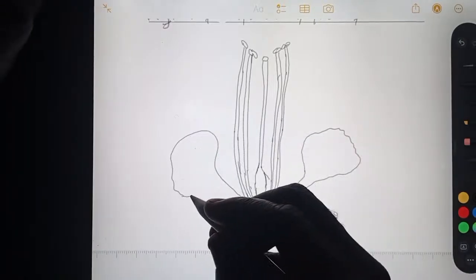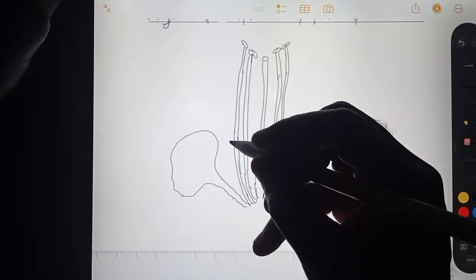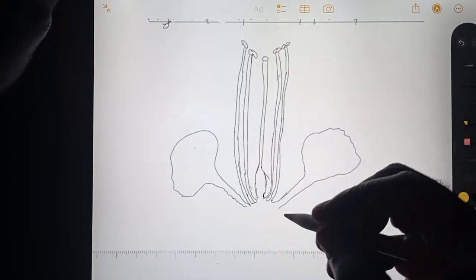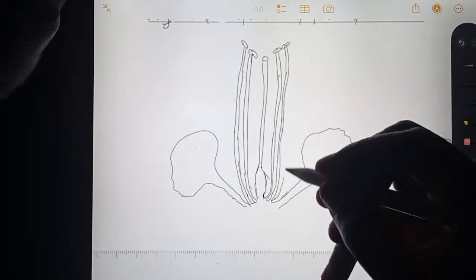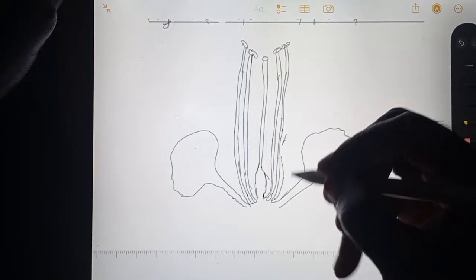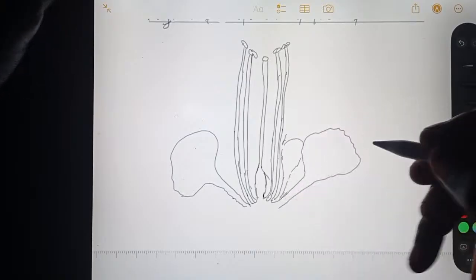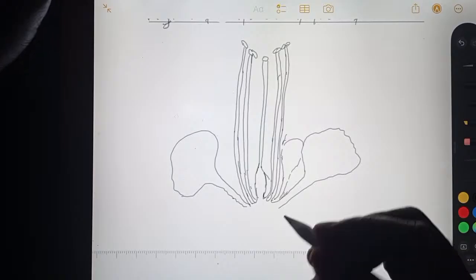I told you how to do that in the first drawing. Then you can also extend again. Another sepal I can show here is possible. That's one showing behind the drawing.